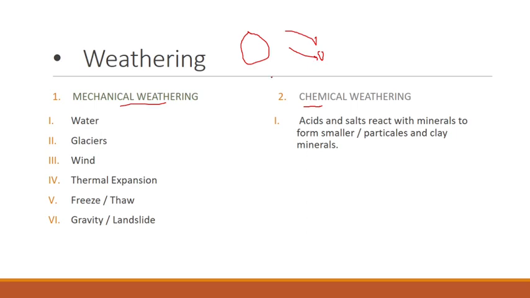Mechanical weathering may be caused by the expansion and contraction of rock from the continuous gain and loss of heat, which results in ultimate disintegration. This mechanical weathering is caused by water, glacier, wind, thermal expansion, freezing, or gravity.